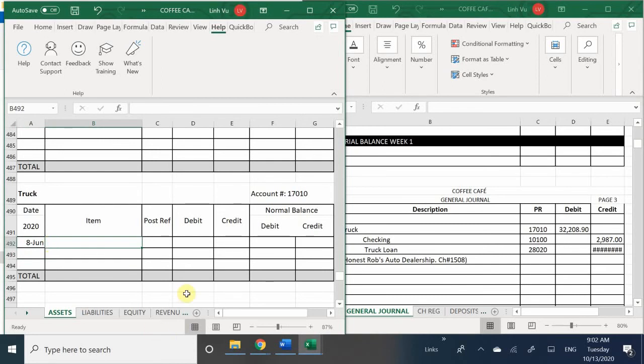In my notes, I'm going to make sure I fill out that there was tax and documentation fees. Post reference, general journal number 3. My debit is going to be for the $32,208.90. And of course, because this is my first entry in here, my normal balance is going to be $32,208.90.